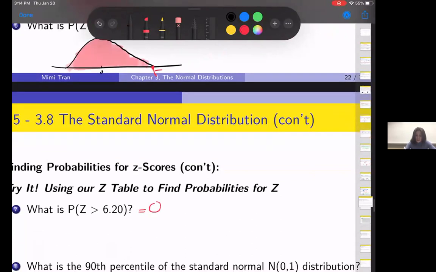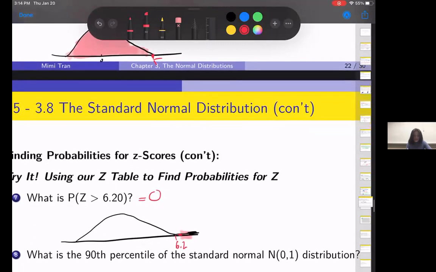Because if I graph this, 6.2 is all the way at the end here, and I want the area greater than 6.2. Practically nothing, tiny, tiny. So in practice, we just say 0. You don't see a Z value of 6 on the Z table. It's not practical to have it on there.